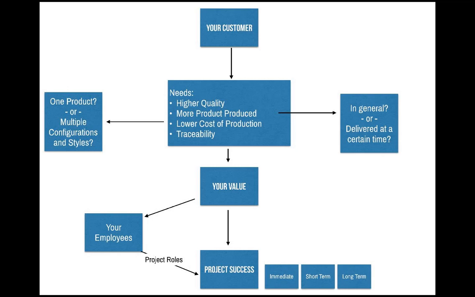We see often in projects like this, especially say homegrown projects or where manufacturers are just using some sort of out-of-the-box software, you often get immediate gains in your project by just putting up, say, a TV with where you're at with the production schedule. You'll get a bump in production. But does that translate to long-term improvement, or does it drop off after a few months? And that's really what you want to be making sure that you're driving is long-term improvement as well as immediate and short-term.